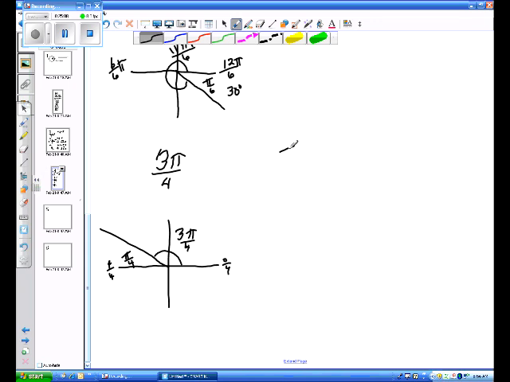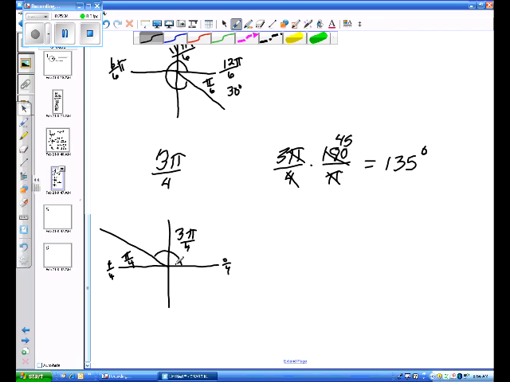So 3 pi over 4 times 180 over pi. The pi's cancel. 4 goes into 180 45 times. 3 times 45 is 135. So 3 pi over 4 is the same as 135 degrees.